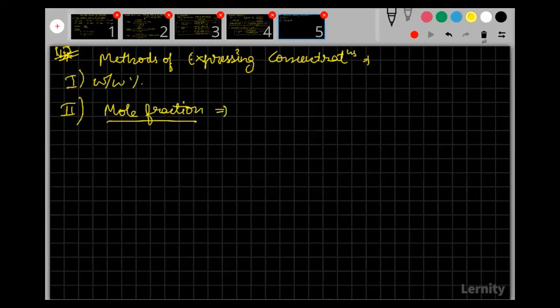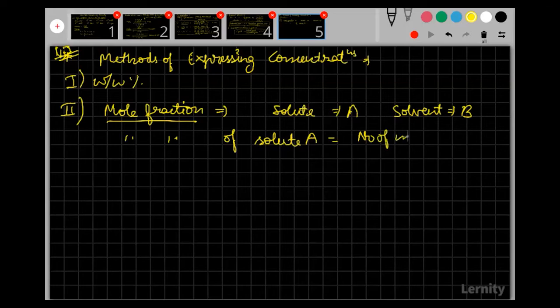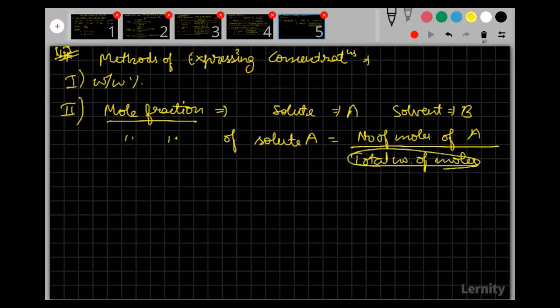So what is this mole fraction? See, if in a particular solution we represent the solute with A and the solvent with B, then the mole fraction of solute A will be the number of moles of A divided by the total number of moles, that is, moles of solute plus solvent.